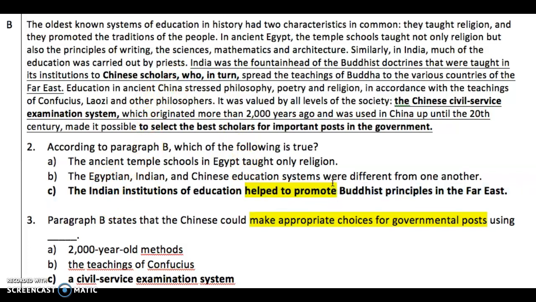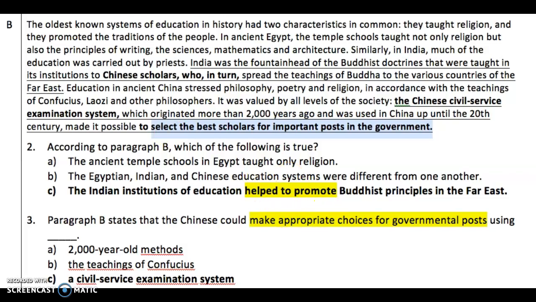Okay, and number 3 here, I think it's quite clear because the keywords and the meaning are quite understandable. The question asks about appropriate choices for governmental posts, which is exactly can be seen here actually.